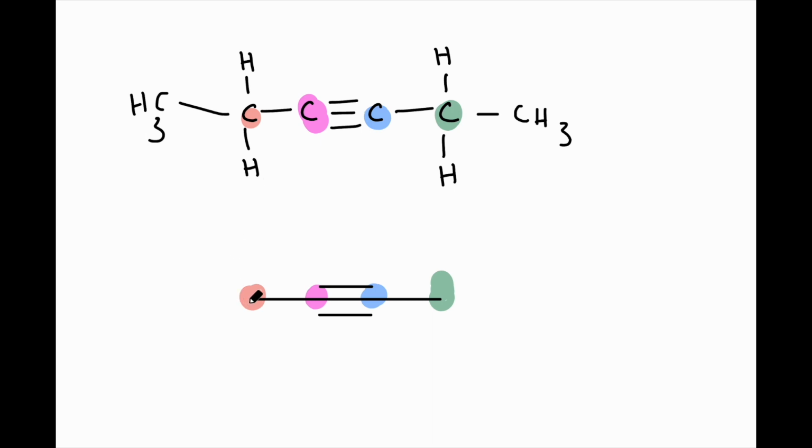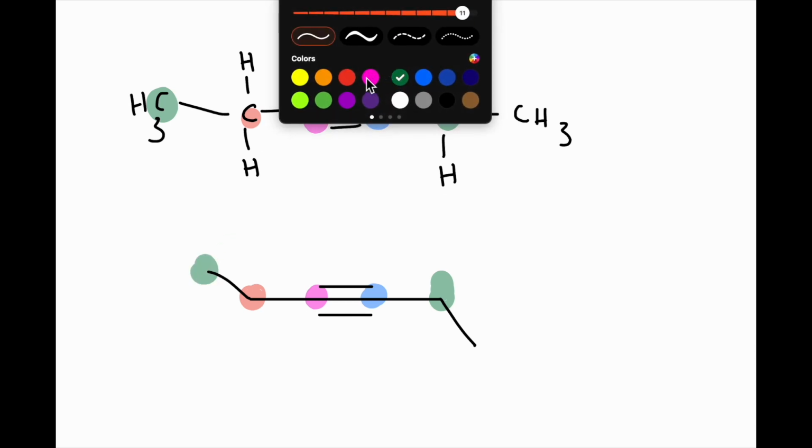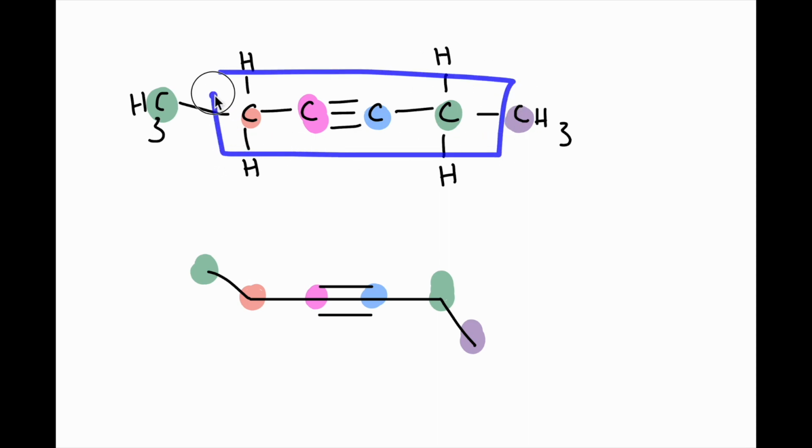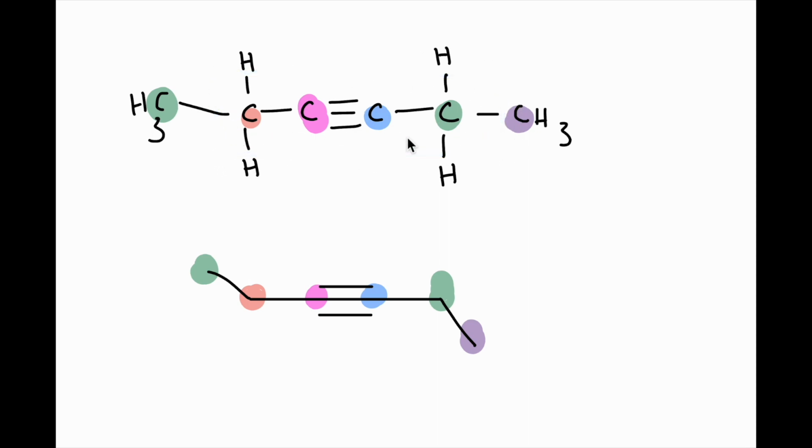So we can show it as this. And so this carbon here is this, and this carbon on this side is this. So just the section that is connected to those carbons with the triple bond, just that section has to be drawn linearly.